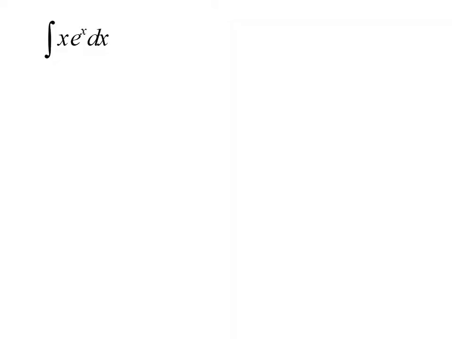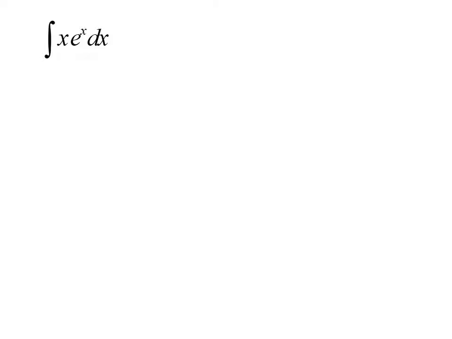So here's how the process works. We are trying to do the integral of x times e to the x dx. Now let me do a little rambling here to start with. We just learned the substitution technique.